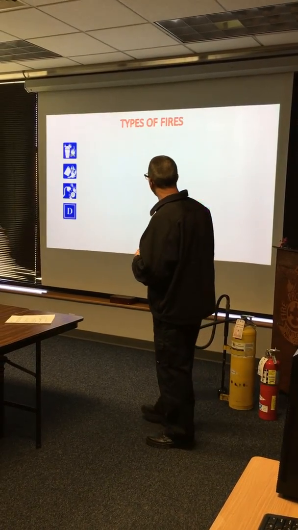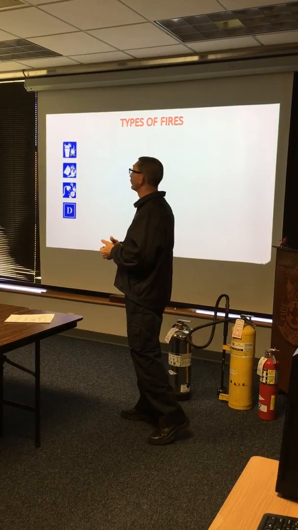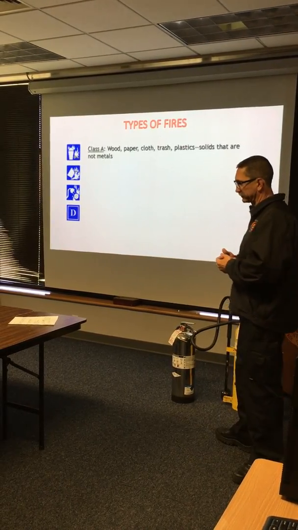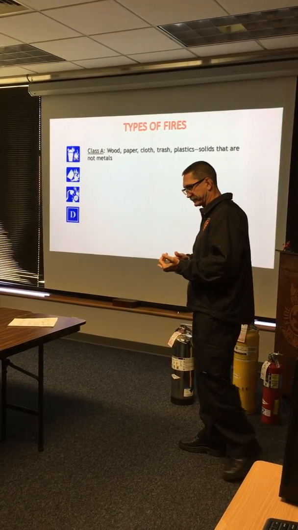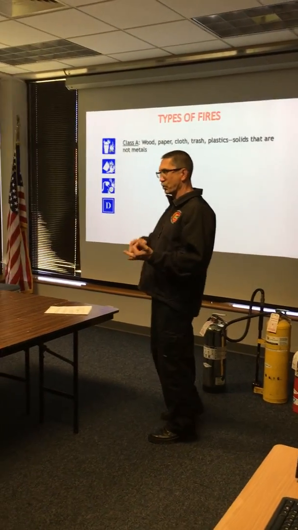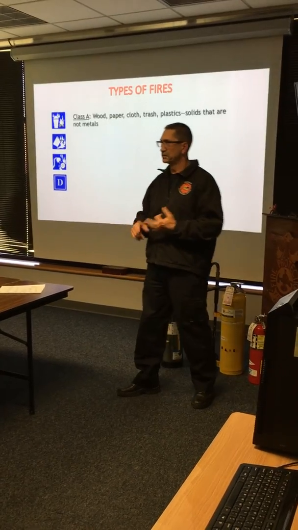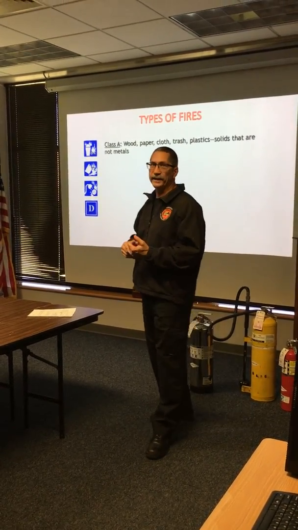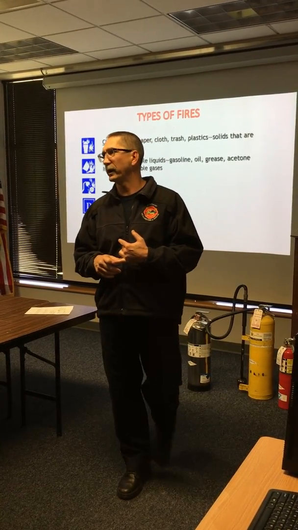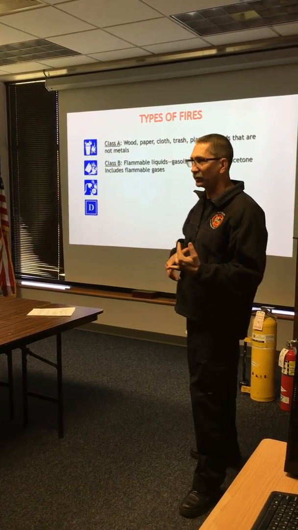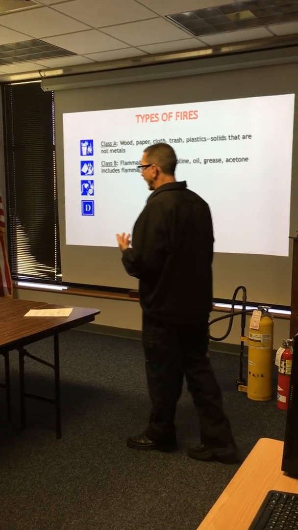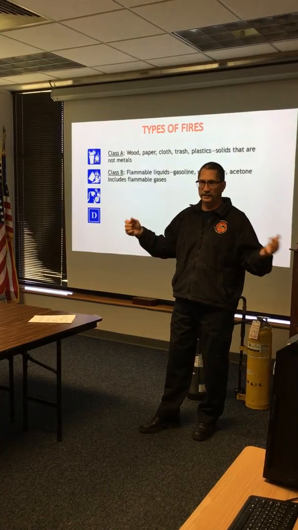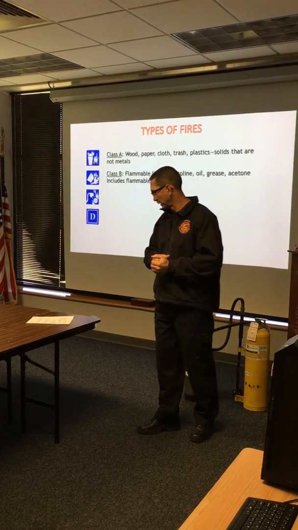All right, now that we know what a fire is, let's learn the different types of fires. First, we have Class A fires. A Class A fire consists of your trash, wood, paper, your clothing. Class B is your flammable liquids, combustible liquids, such as gasoline, diesel, anything that it's in a liquid form.